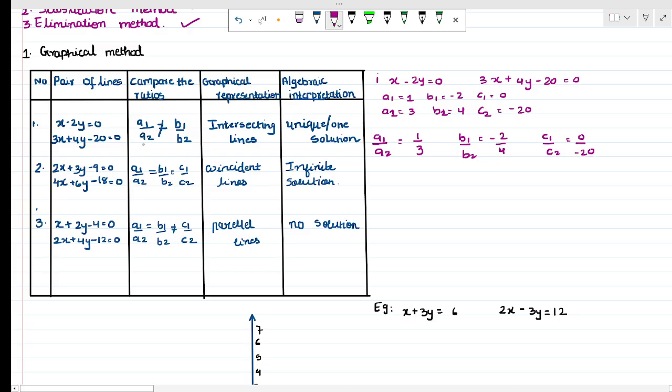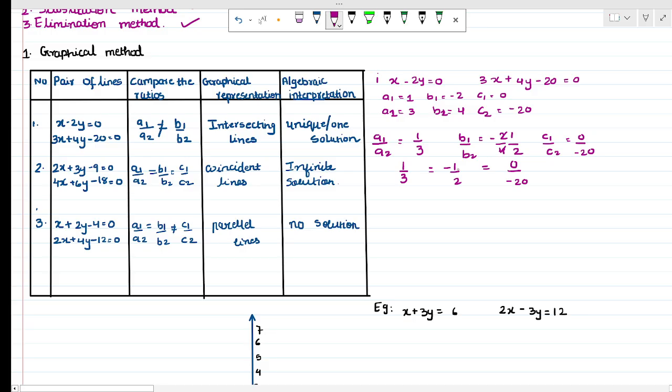Now, my condition says a1 upon a2 should not be equal to b1 upon b2. My first answer is 1 upon 3, and this answer, minus 2 upon 4, can be cancelled into a smaller version, minus 1 upon 2, because 2 ones are 2, 2 twos are 4. And my last, c1 upon c2, I will get 0 upon negative 20.